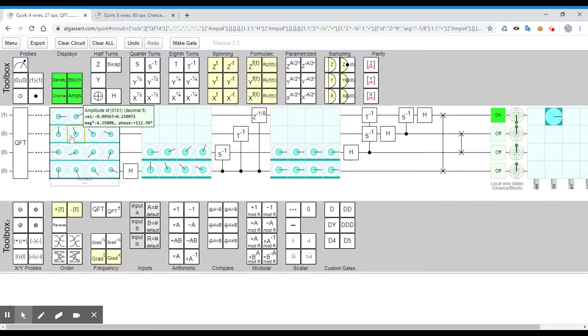So the difference here is you can see that they are kind of like 90 degrees apart, right? Because those are like 0 and 180, and this is like 90 and minus 90.